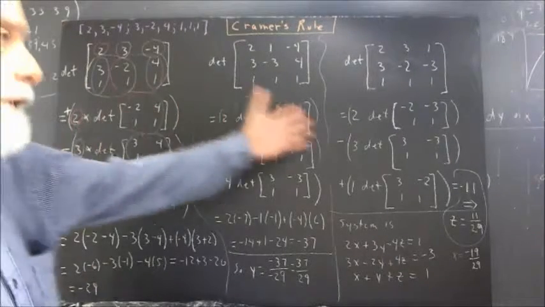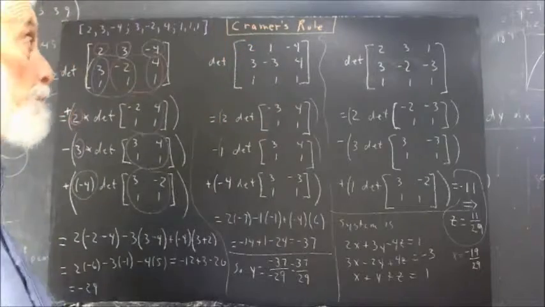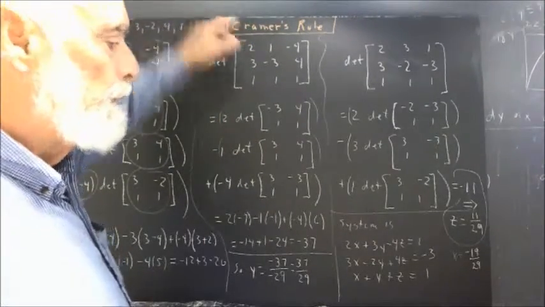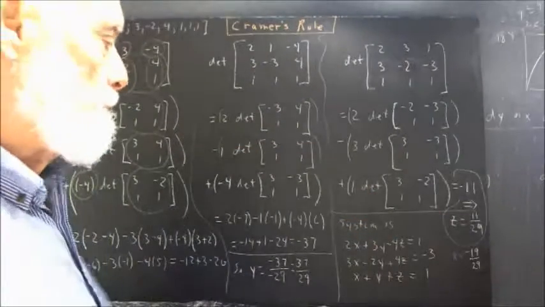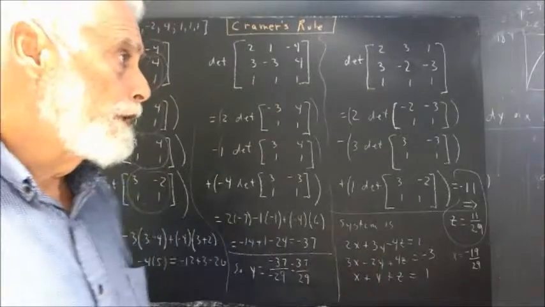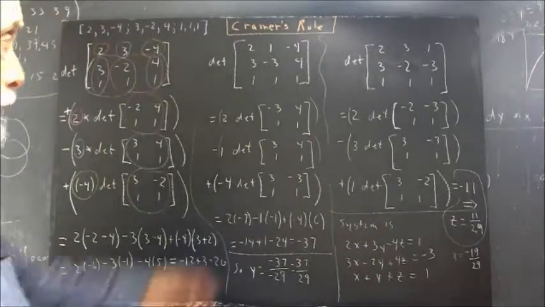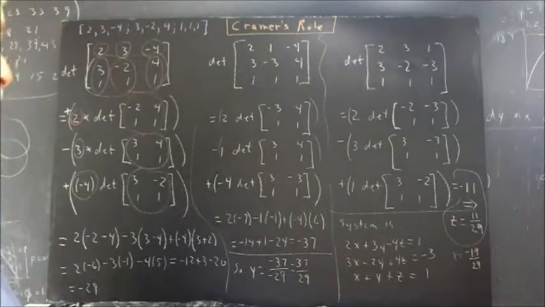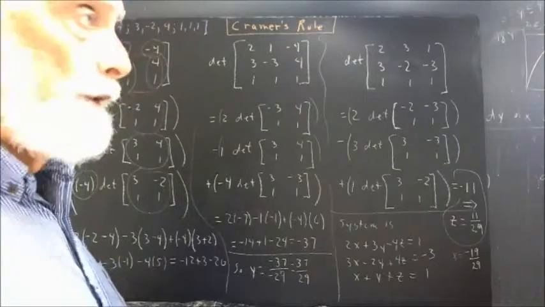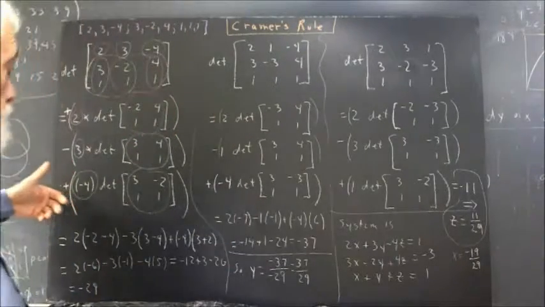The method we're illustrating here is called Cramer's rule. It's a very straightforward rule that can be applied to any system of equations. Although if the system is much more than 4 equations and 4 unknowns, it gets a little bit impractical to evaluate the determinants. I did mention in class that if you had a determinant with 4 rows and 4 columns, then you would do very much the same thing we did here.